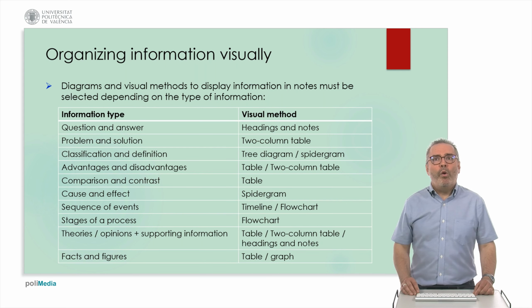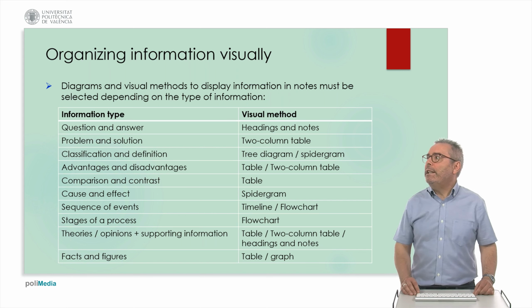So, depending on the type of information, it may be more suitable to use one visual method or another, as we can see on this table. For example, if we are organizing questions and answers, we may use headings and notes. For problems and solution, we have typical two-column table structure.